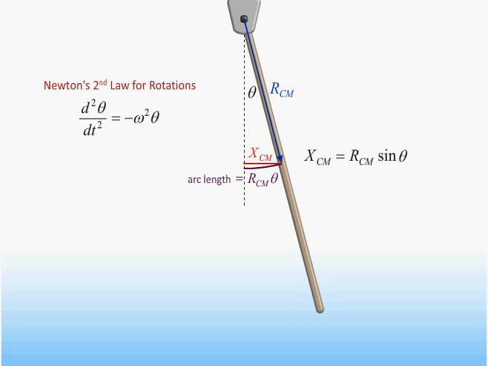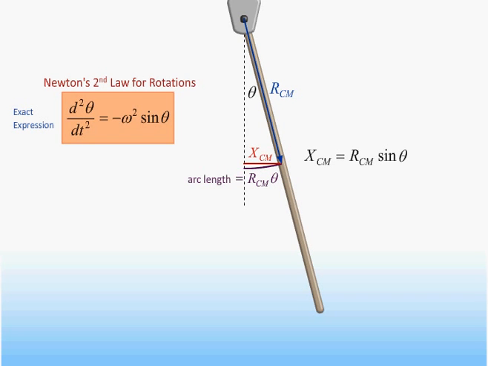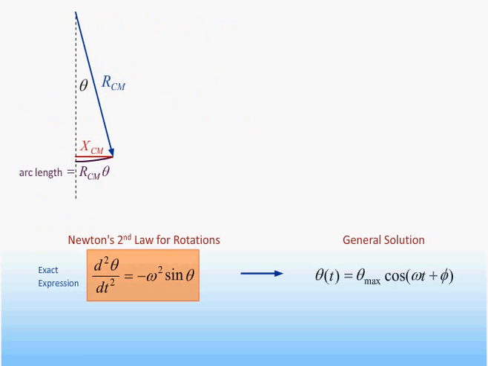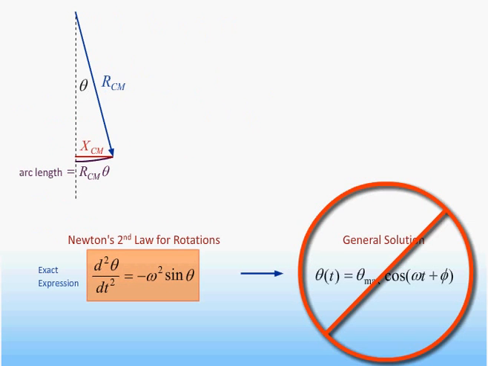Had we used this exact form, our differential equation would have looked almost the same, except we would have had sine theta rather than theta on the right-hand side. The upside of this equation is that it is an exact description of our system, valid for any angle. The downside, though, is that it does not have a simple analytic solution.